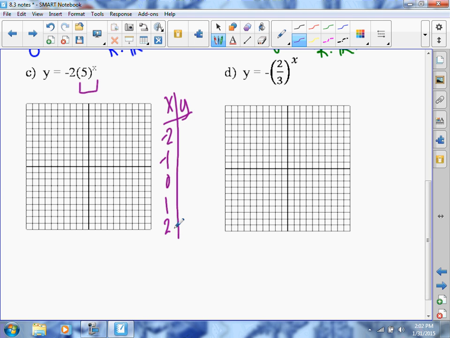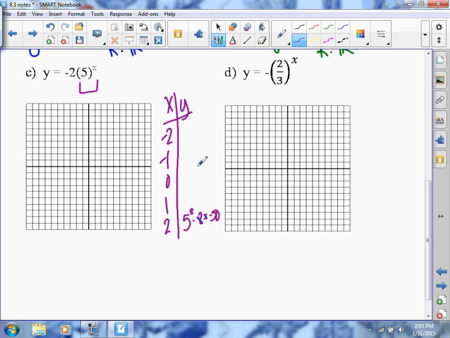I would do 5 to the second first, which is 25. Then times the negative 2 would get me negative 50. So when you're evaluating these, you have to do that exponent first. Sometimes the common mistake is for students to multiply the 5 and the negative 2. But then that messes up all the values that you have.